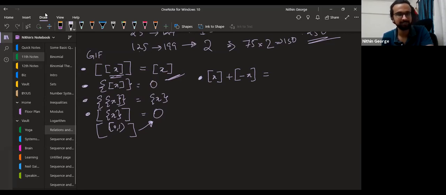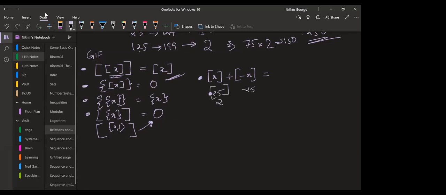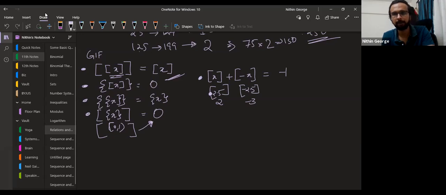See what happens. Just plug in minus 2.5. Put x equal to 2.5. What happens to f of x? It becomes 2. And for minus 2.5, what does it become? Minus 3. And then the sum becomes minus 1.